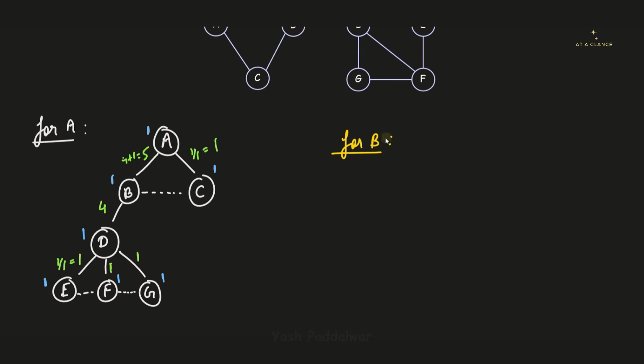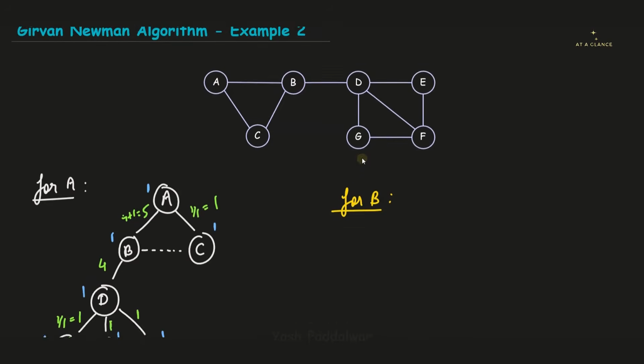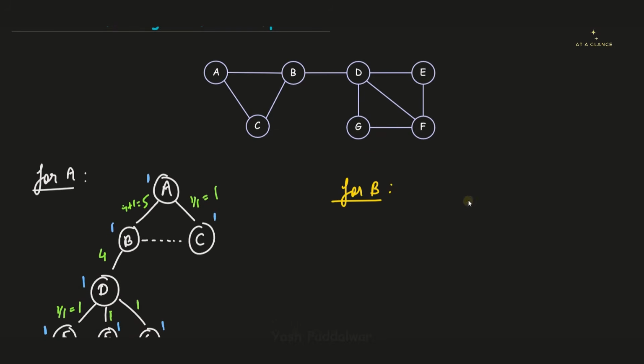Now we'll keep the root node as B. So over here you can see by keeping the root node as B, we have three direct children: A, C, and D. So let's write A, C, and then D. You can see A and C are at the same level and they are connected to each other.